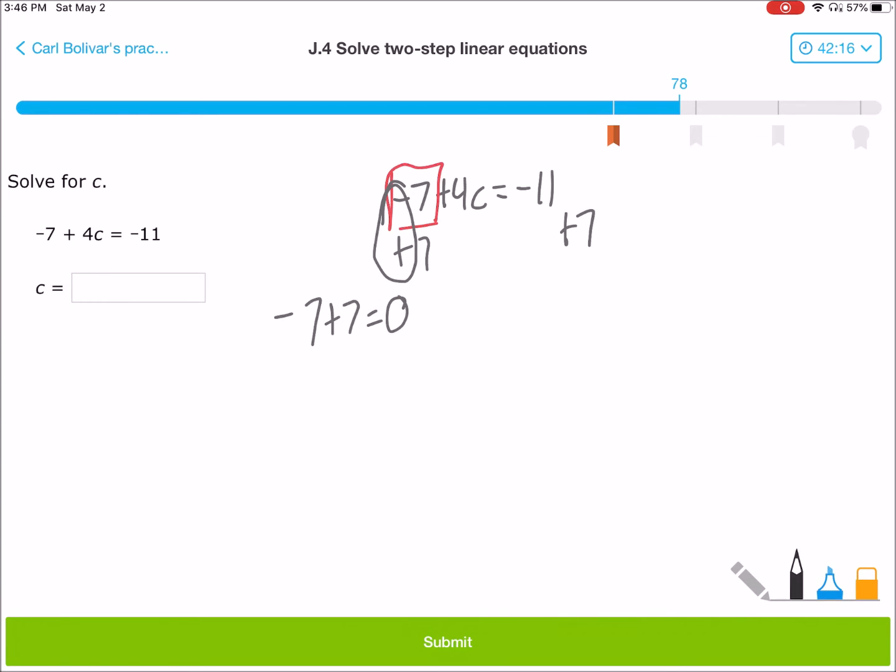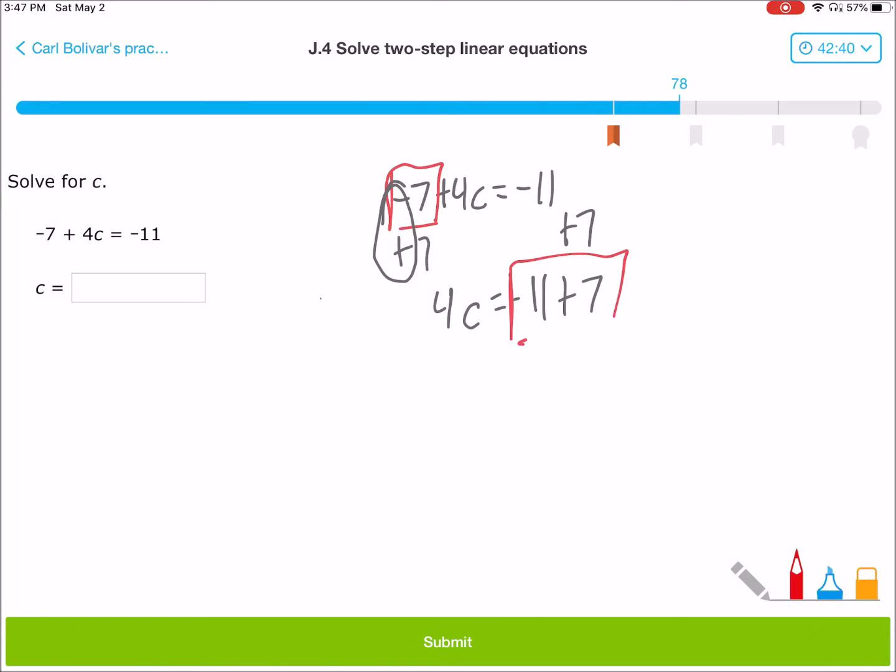But when we do something to one side, we also have to do it to the other side. So, this will result in 4c is equal to negative 11 plus 7. Now, negative 11 plus 7 is negative 4.